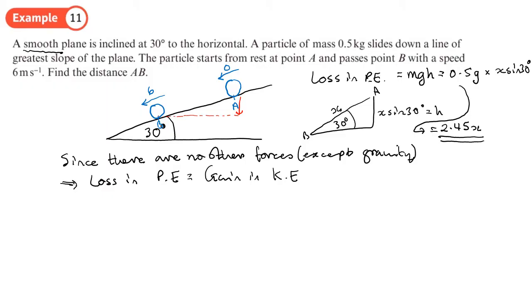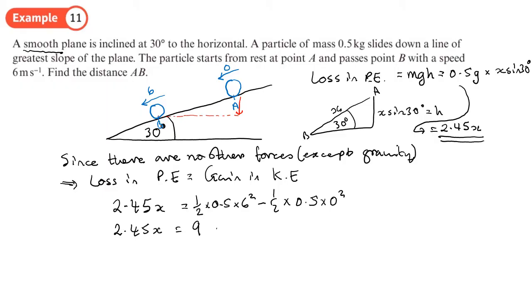So we've worked out the loss in PE, which is 2.45x. Now the gain in kinetic energy is going to be half mv squared, so half times 0.5 times 6 squared, minus half m u squared, 0 squared, so obviously that's all 0. So we get 2.45x equals half times 0.5 times 36, so that's 9, the rest is just 0.